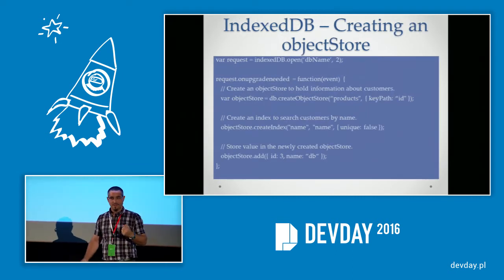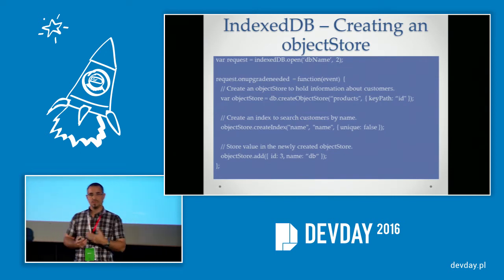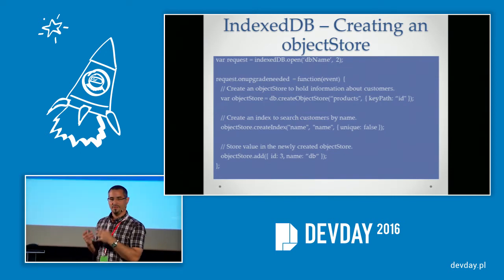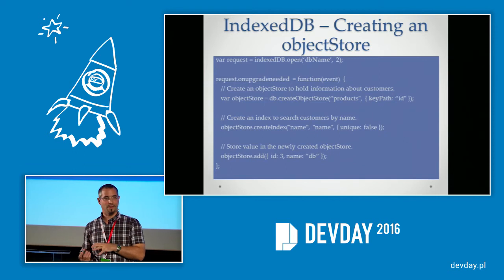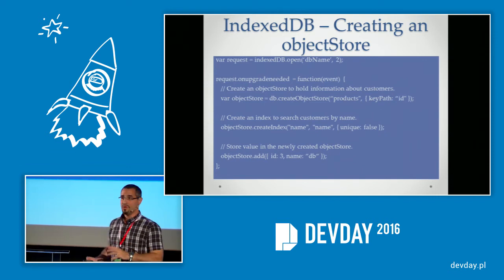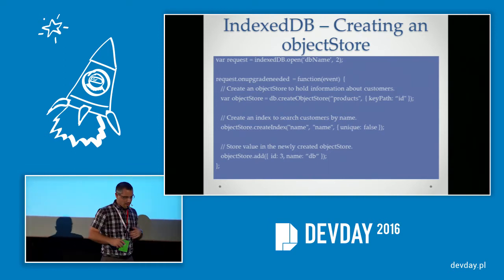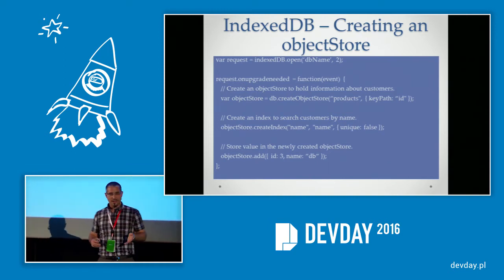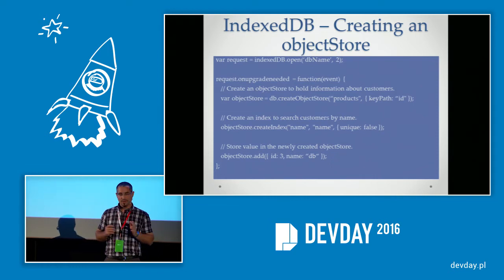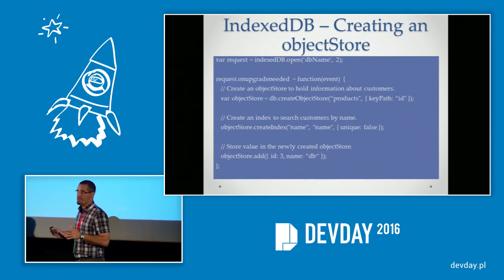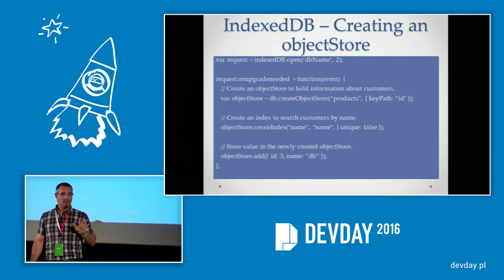So I mentioned that you can create object stores only on the onupgradeneeded event. So how do you do that? First of all, you wire an event handler for onupgradeneeded. Then you use the createObjectStore function in order to create it. You give it a name and you give it a key path.